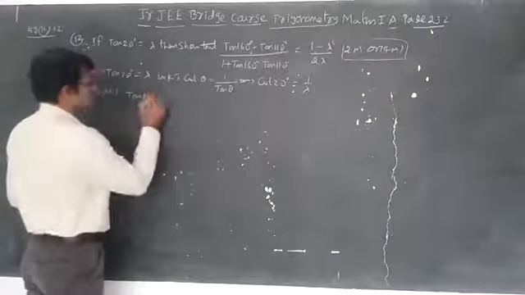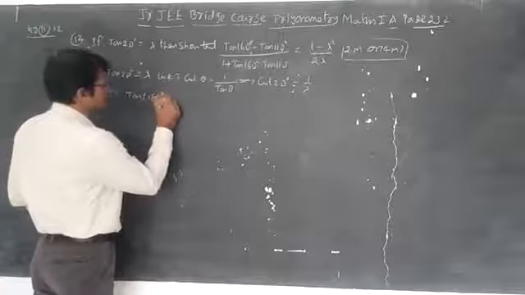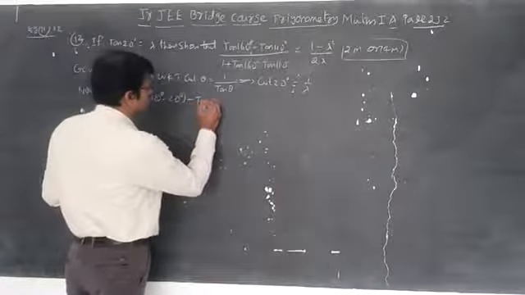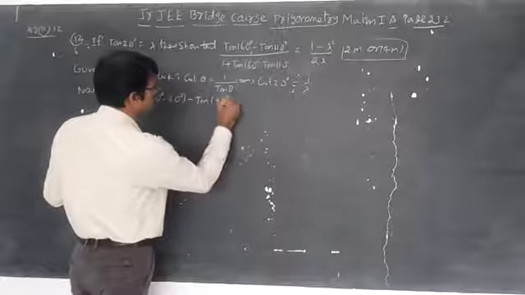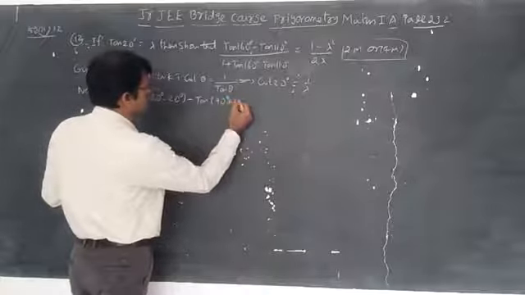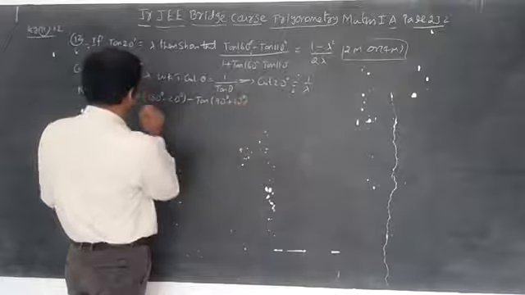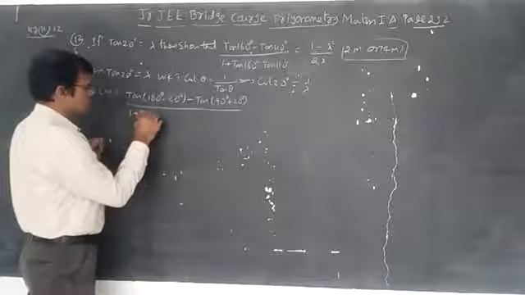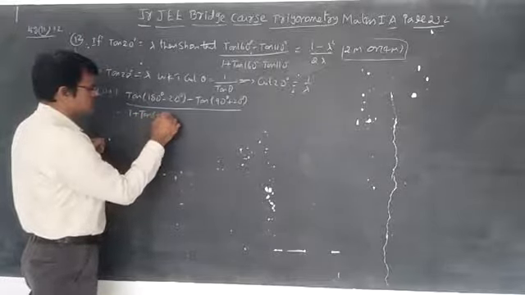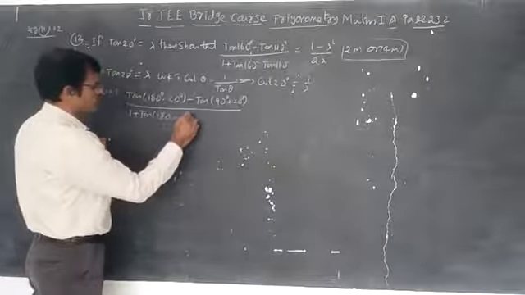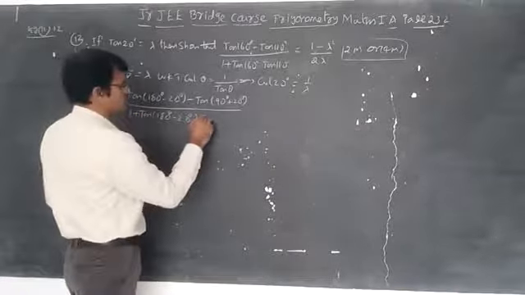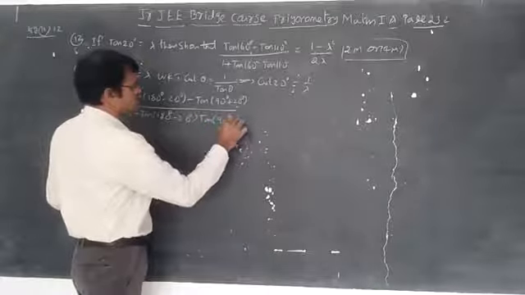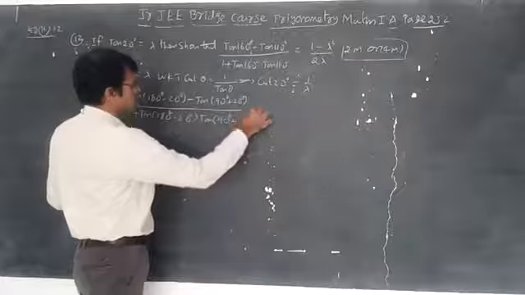So tan 160 degrees, you should write tan (180 minus 20) degrees, minus tan 110 degrees, which can be written as tan (90 plus 20) degrees, whole by 1 plus tan (180 minus 20) into tan (90 plus 20).